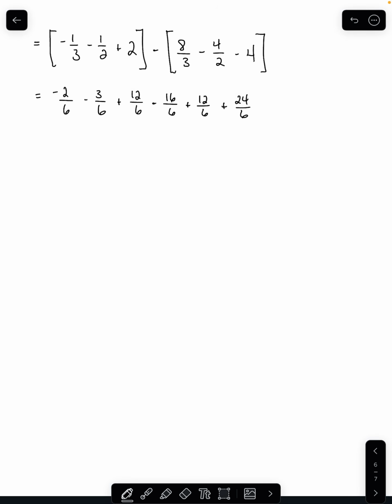And from here, it's a matter of simply combining the numerators. We have a total of 48 among the positives, minus 21 among the negatives, leaves us with positive 27 over 6, which can be further simplified to 9 over 2.